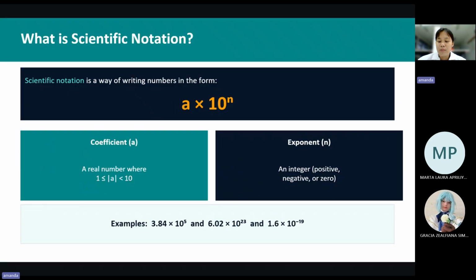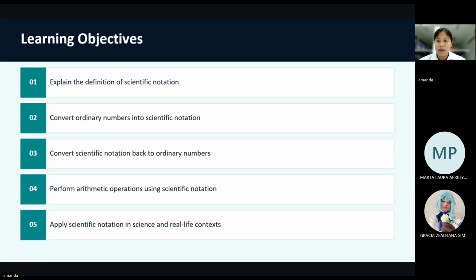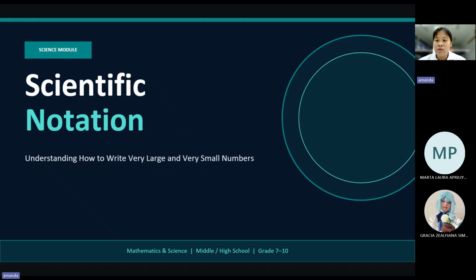Let me explain what scientific notation actually is. Scientific notation is a way of writing numbers in a special form. That form is a times 10 raised to the power of n.